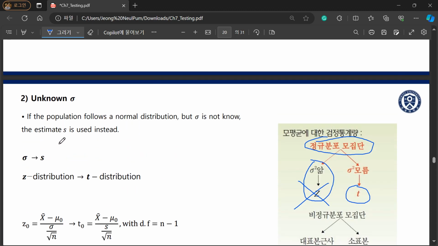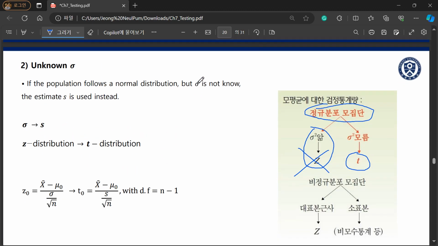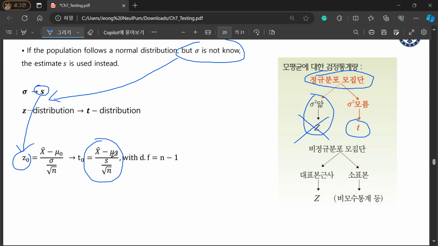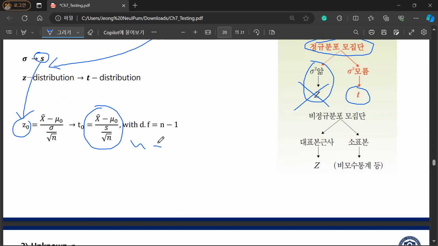So what I want to say is that even though we don't know the sigma value, we can use the standard deviation of the sample, and then we can also construct the test statistic based on the standard deviation of the sample, and it follows the t distribution.